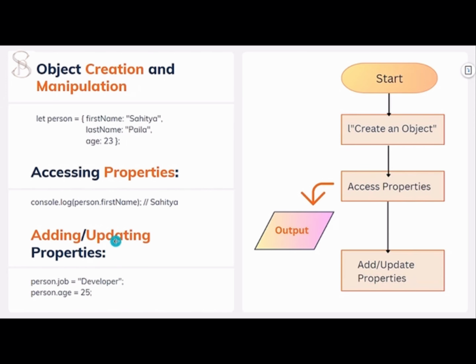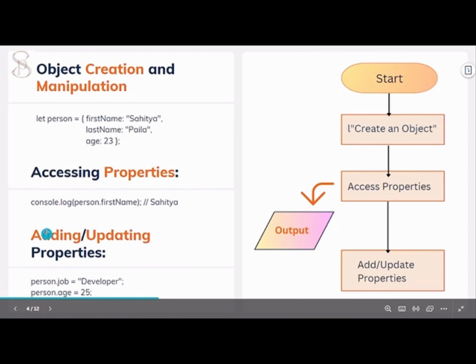If we want to add or update any property in the object, then we can do it by the object name dot the key we want to give. For suppose I want to give job. So here person dot job equals developer, and I also want to update age. So here I added job, that is developer, and next I am going to update age.